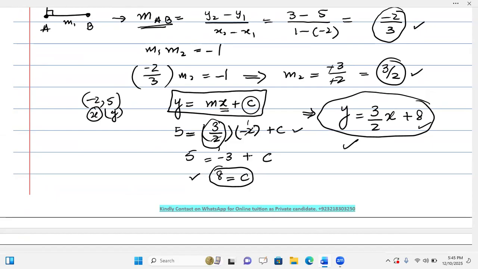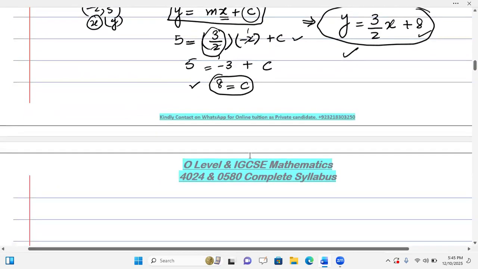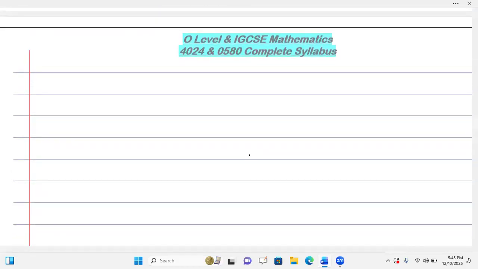Okay, let's take another example from June 2021, paper 1, variant 1, question number 25, because this is also given for 4 marks, I think. Let's try this question now. He has given us a circle. The diagram shows a circle with center at 0, 1.